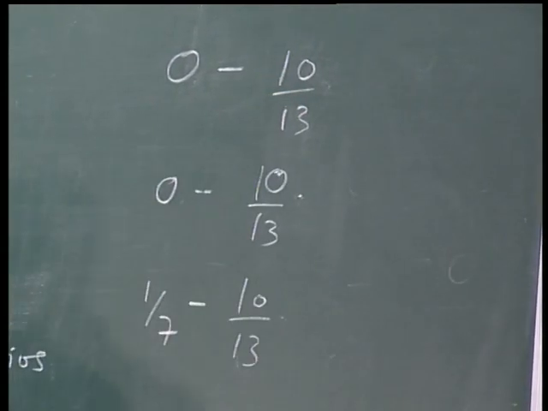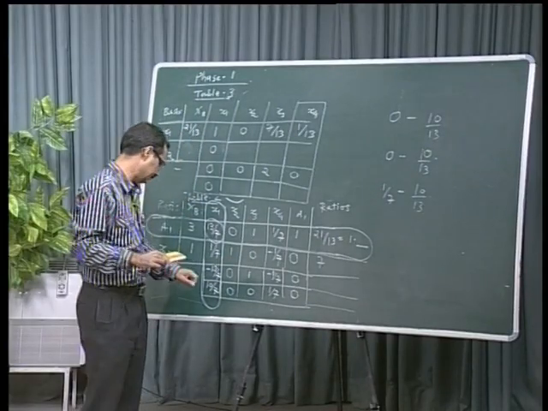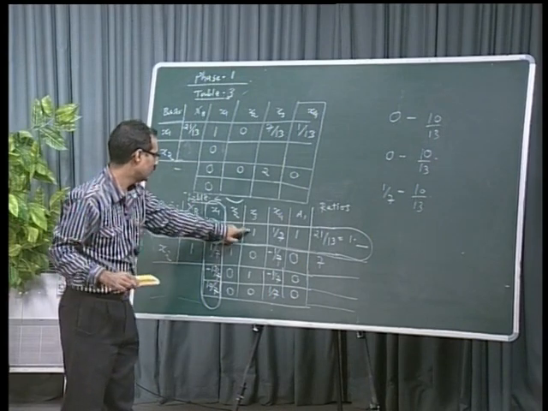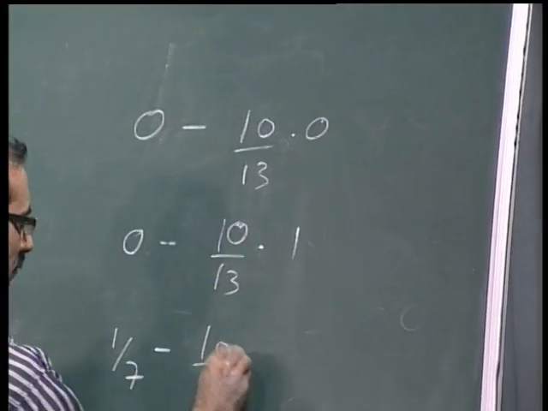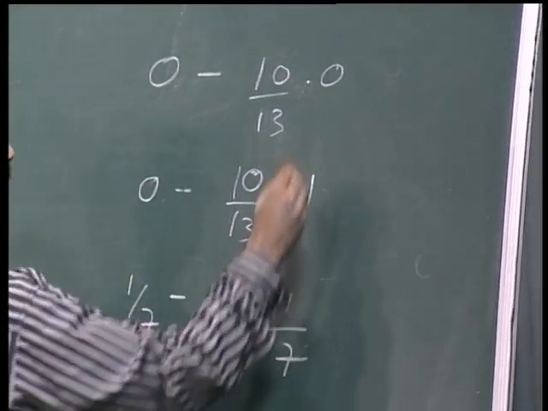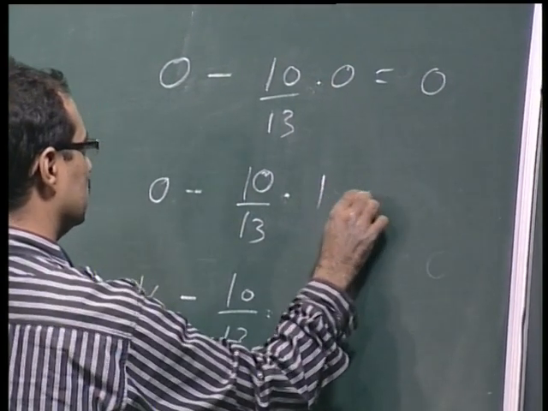Multiplied by the corresponding numbers, and the corresponding numbers are 0, 1 and 1 by 7. And so, they are 0.